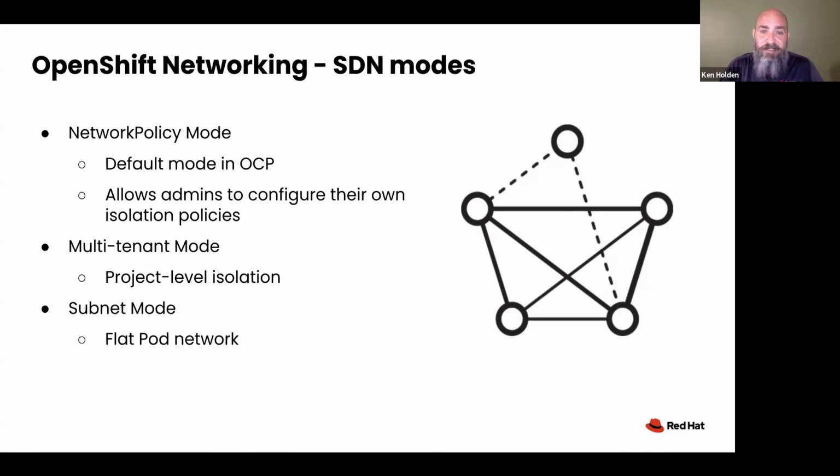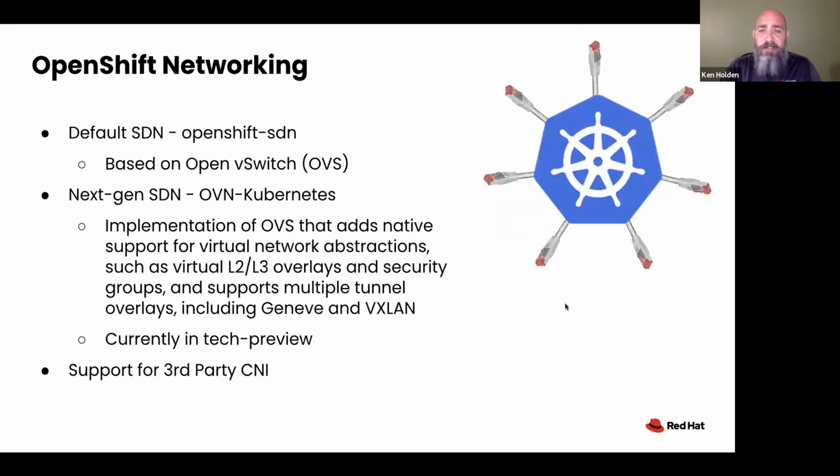OpenShift's next gen SDN, which is called OVN Kubernetes, is an open source implementation of OVS that adds native support for virtual network abstractions, such as virtual L2 and L3 overlays, and security groups, and supports multiple tunnel overlays, including Geneve and VXLAN. And this is currently in tech preview. That means that the bits are provided in OpenShift currently, and there's documentation for how to get started on it. But it's not currently supported at this time. Its release should be pretty soon as a supported component.